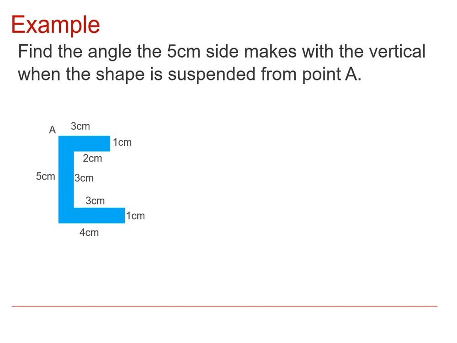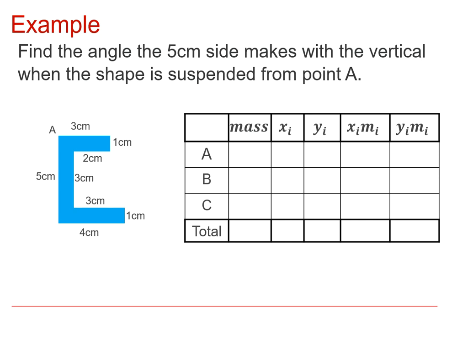Okay, so the first stage is going to be to calculate the centre of mass. And if we remember, there's quite a nice way of doing this. We'll divide the shape into 3 simple pieces, 3 rectangles. We'll locate the centre of mass of those individual pieces.